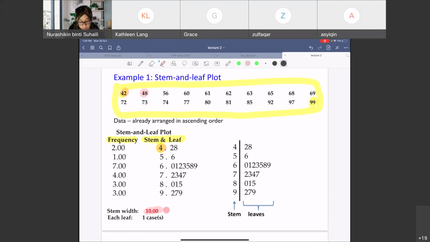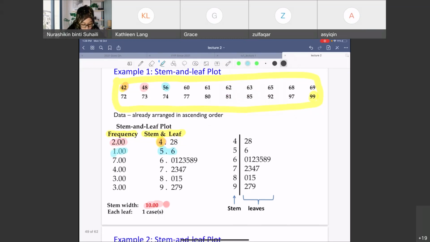For 42 and 48, there are two of them, so you put the frequency as 2. The way you read it, it is understood as 42 and 48. For the 50s, there is only one value, which is 56, so you put 5.6, with frequency 1.